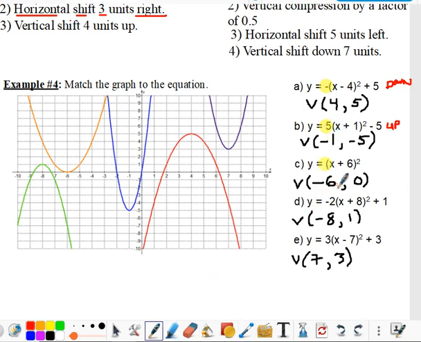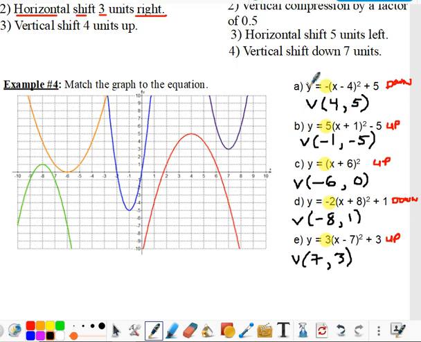But remember, if there's nothing there for A, that's just a 1 outside of the bracket. So that's just opening up. In part D, this is negative 2. So that A value is saying it opens down. And lastly, in equation E, it's an A value of positive 3. So this opens up. Again, opening up or down might not be too useful in this example, but it'll be super helpful in the homework.